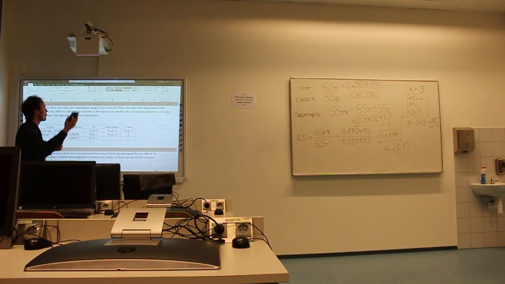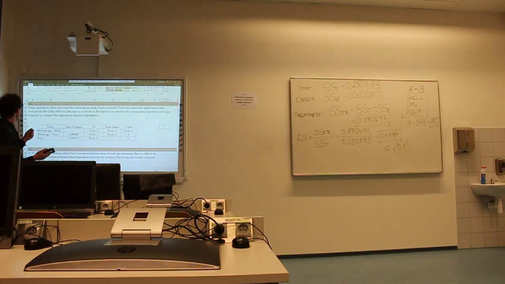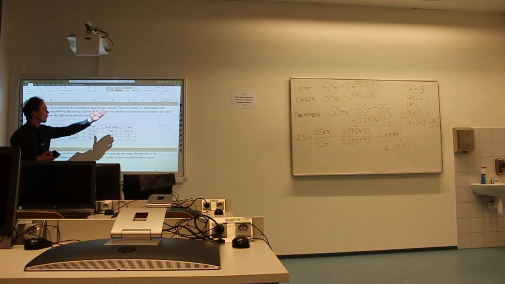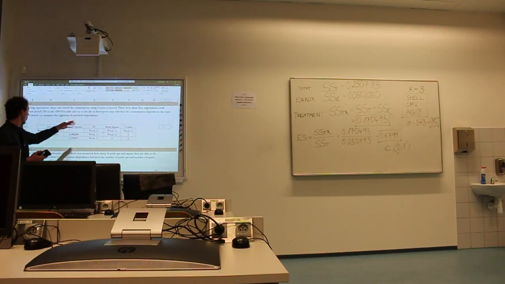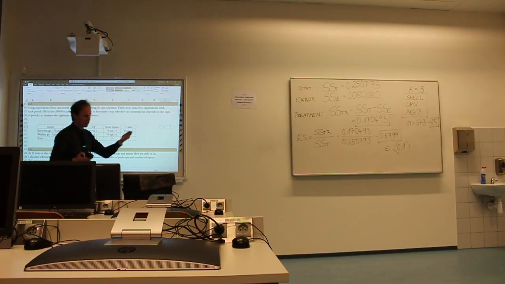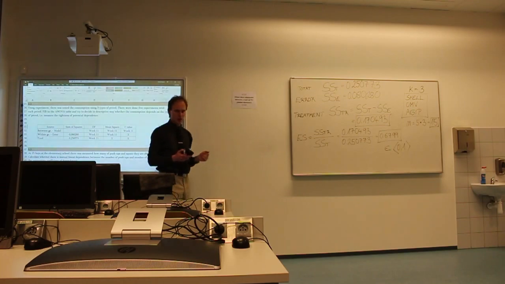If you use a different type of petrol, there is a difference in the consumption. So we decided in a descriptive way that the consumption depends on the type of petrol. We calculated the tightness of dependence with the effect size.